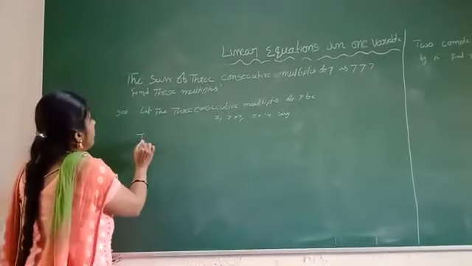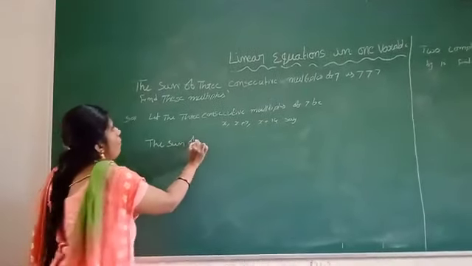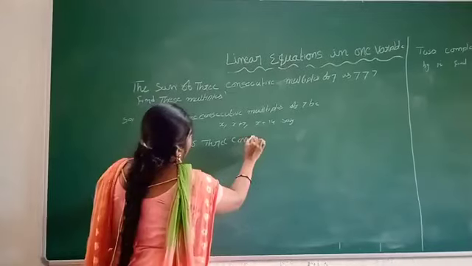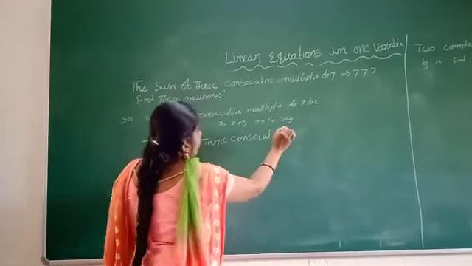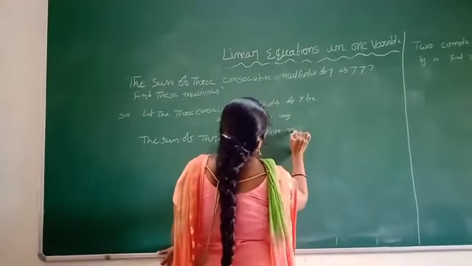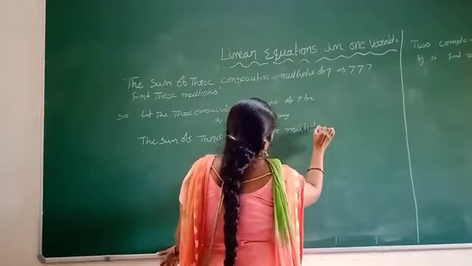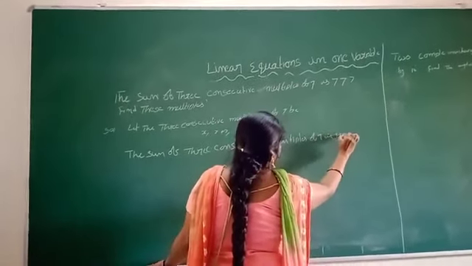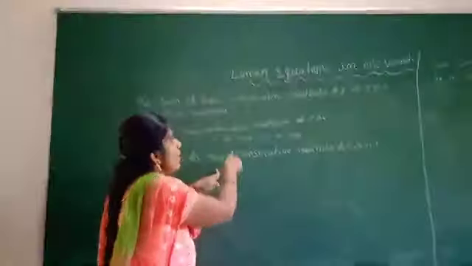Next step. The sum of three consecutive multiples of 7 is 777. Sum is nothing but addition.